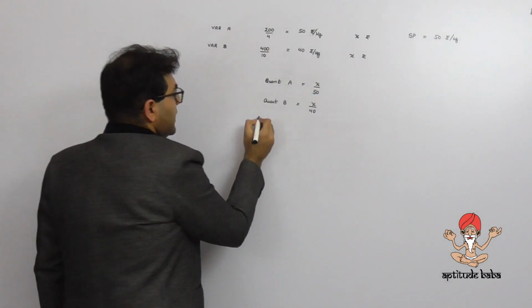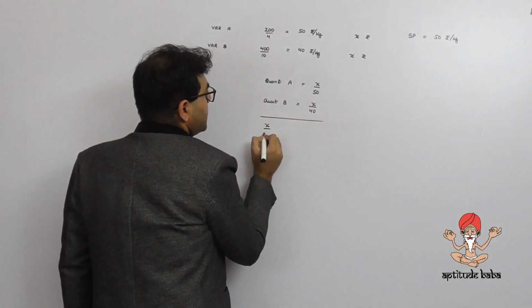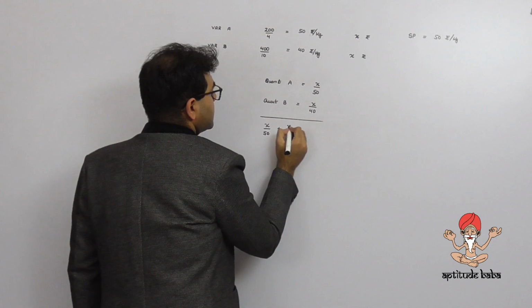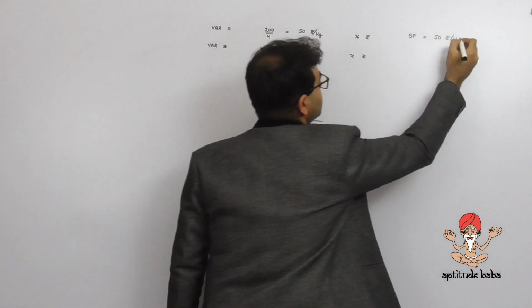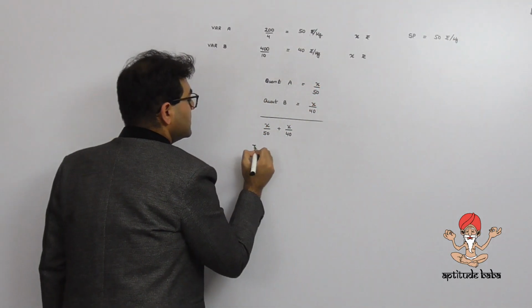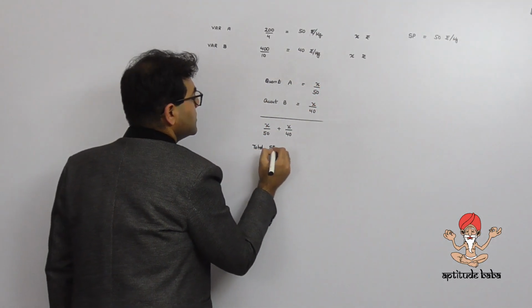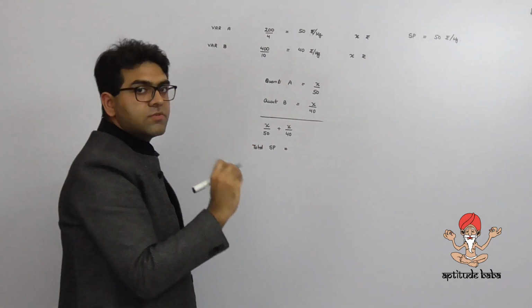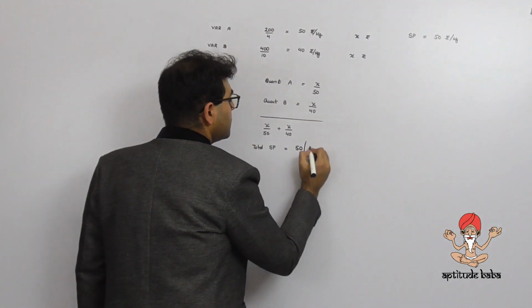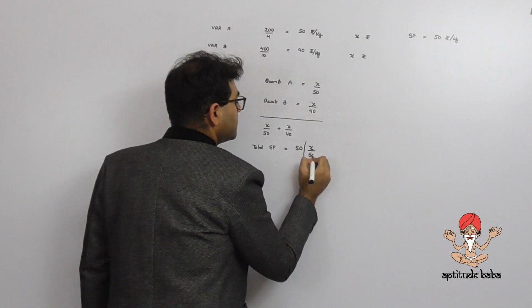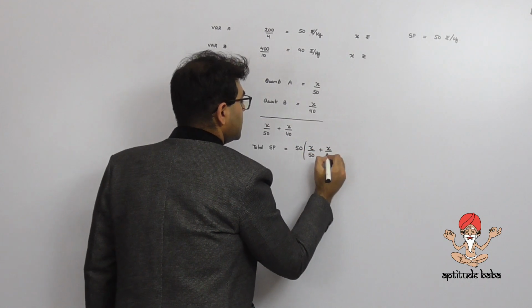Total quantity ends up becoming x by 50 plus x by 40 and this quantity is being sold at 50 rupees per kg.